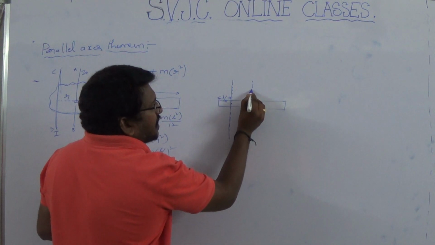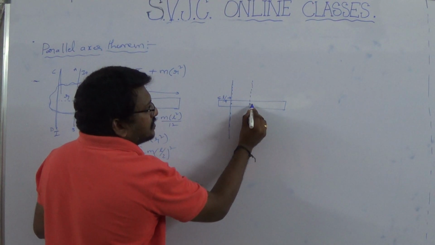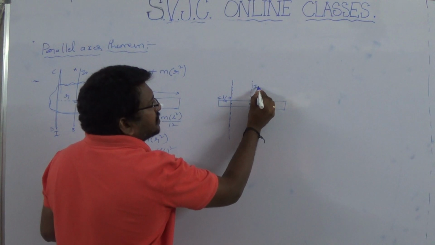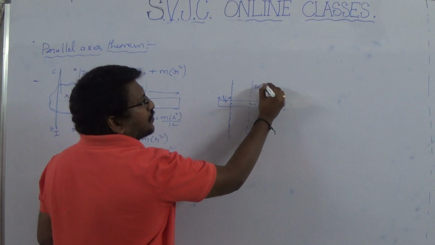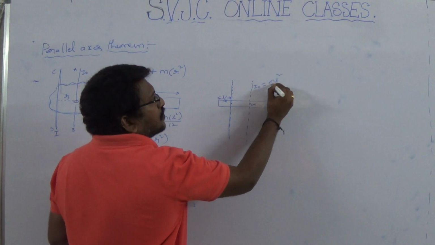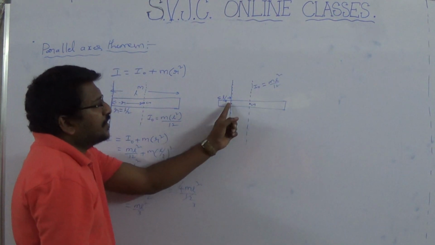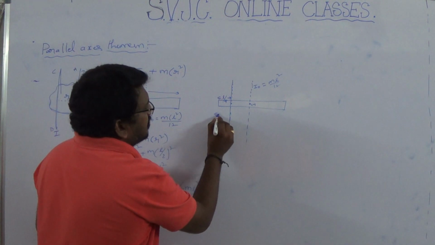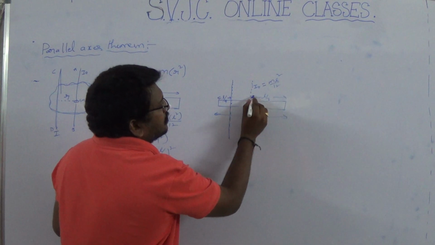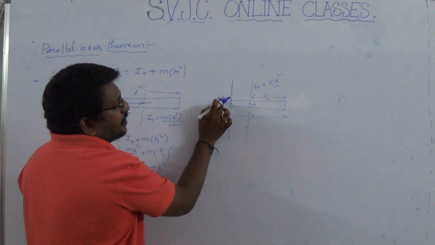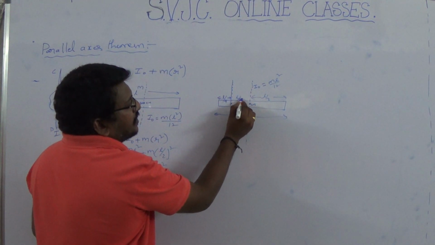The axis passes through the center of mass. The moment of inertia of this rod with respect to the center of mass axis, I naught, has the formula m l square by 12. The total length is l; from here to here is l by 2, and from here to here l by 2, l by 4. So the remaining length is l by 4.